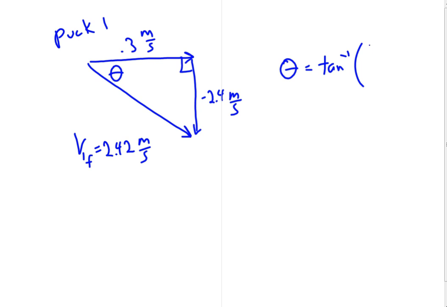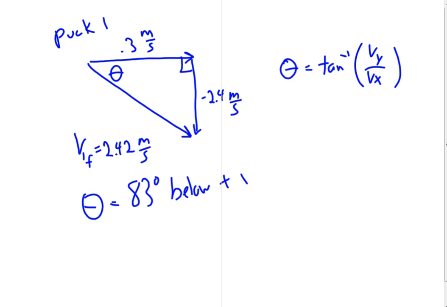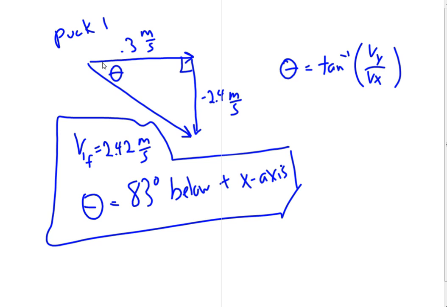And once again, using a little bit of trig, inverse tangent of y over x, we get 83 degrees below the positive x-axis. And so it turns out that is actually in the fourth quadrant, just like we were thinking. And we're happy that this problem is finished.